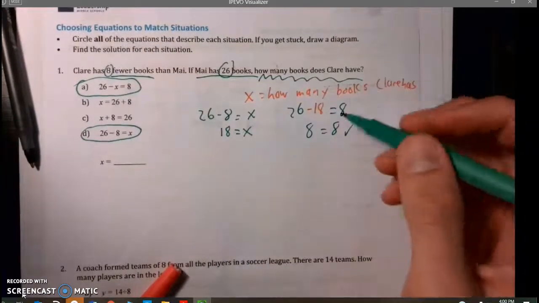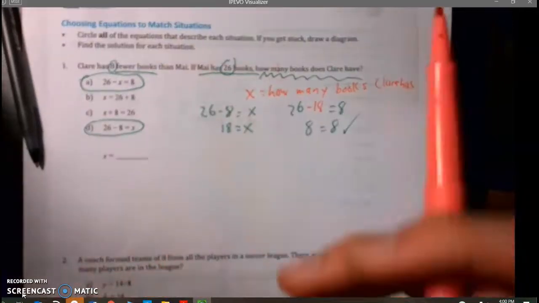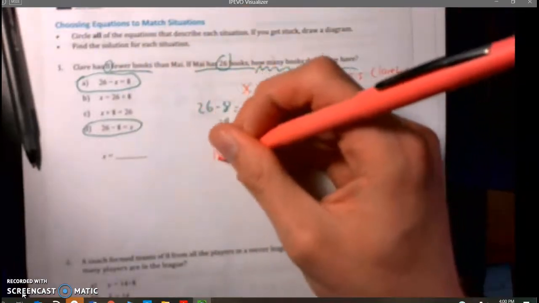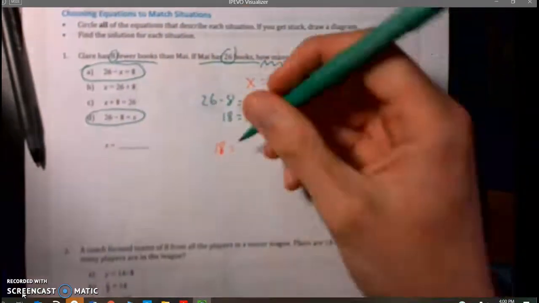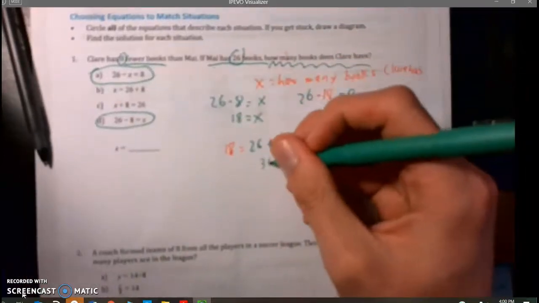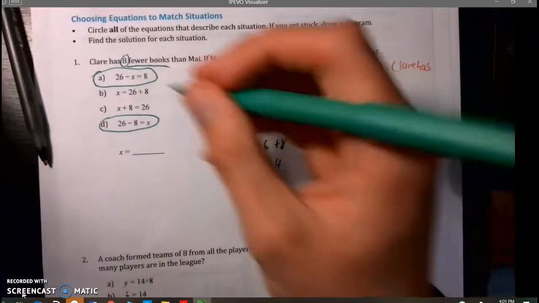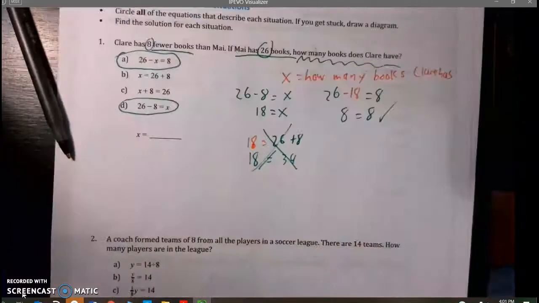All right. So let's try and substitute 18 in for this next one. x equals 26 plus 8. 18 equals 26 plus 8. 26 plus 8 is 34, which is not 18. So B doesn't work.